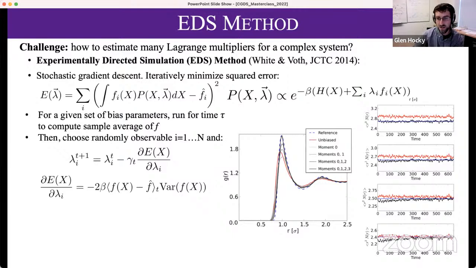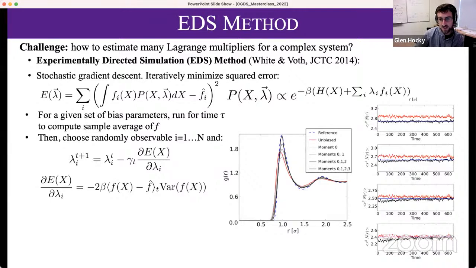There's no analytical formula, but in the CGDS paper, we do write down what you can also prove fairly easily, which is that in the limit of small lambda, there is a solution for what lambda should be that gives you the shift in average, which is, if I remember correctly, something like the difference in your mean from the target value divided by the variance or the squared difference average with a minus sign.